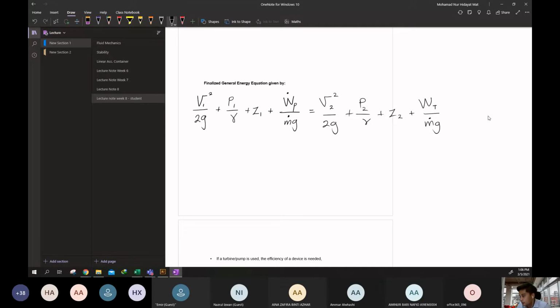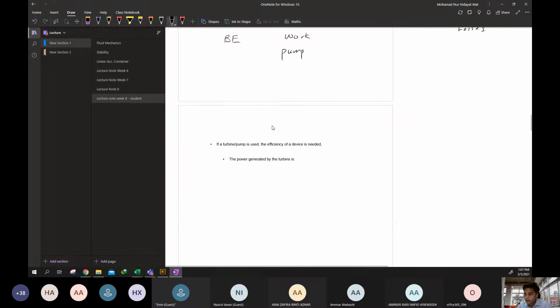Heat loss. This is Bernoulli, this is the work of the pump, and this is the losses. That's it.